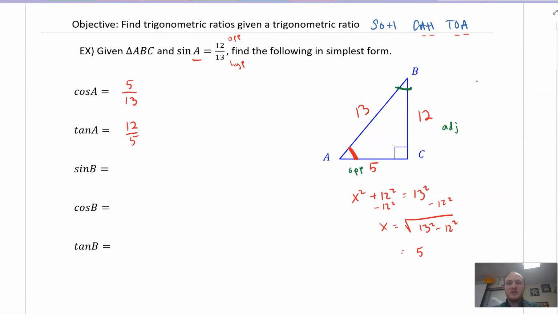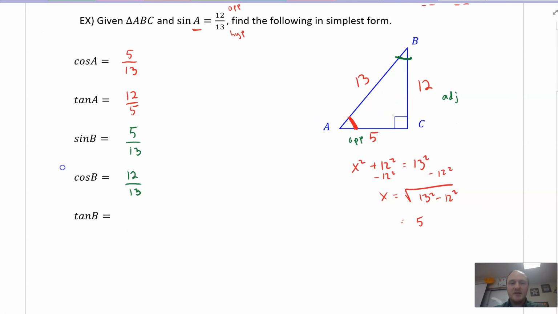Sine of B is opposite over hypotenuse, so 5 over 13. Cosine of B is adjacent over hypotenuse, 12 over 13. And lastly, tangent is opposite over adjacent, so that is 5 over 12.